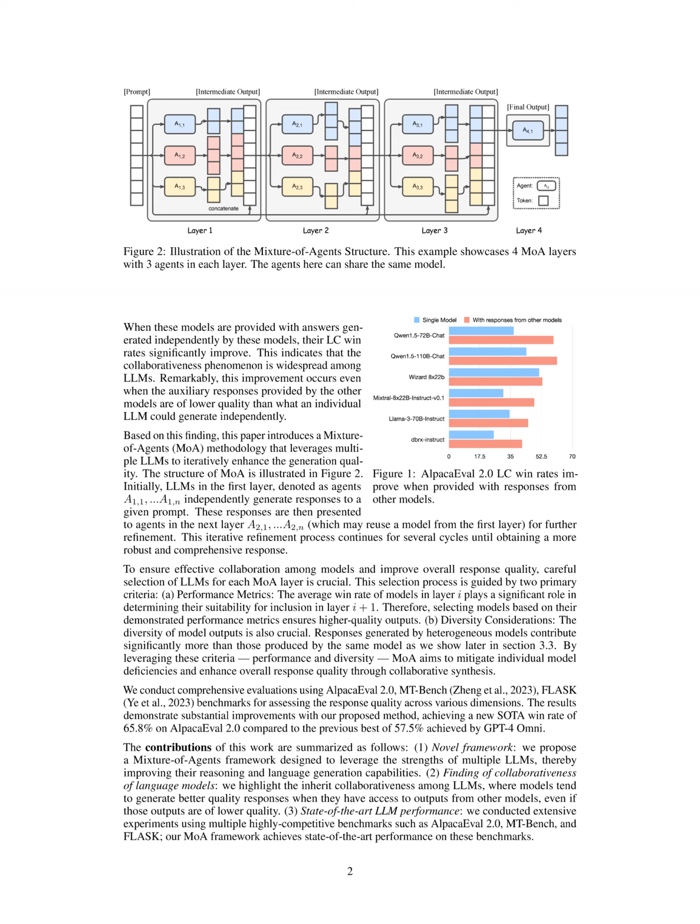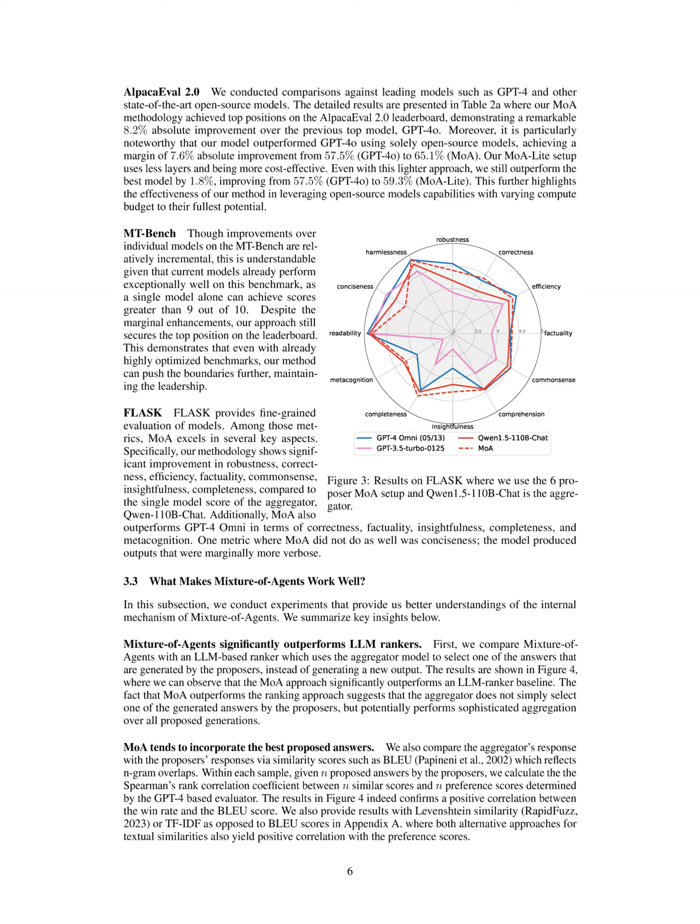The validation process involves selecting models based on their performance metrics and diversity considerations to ensure higher quality outputs. The paper also compares the MOA approach with an LLM-based ranker, showing that MOA significantly outperforms the ranking approach, indicating sophisticated aggregation over all proposed generations.